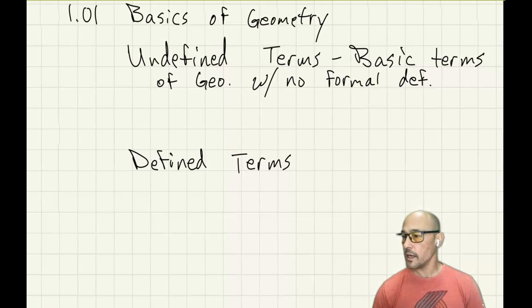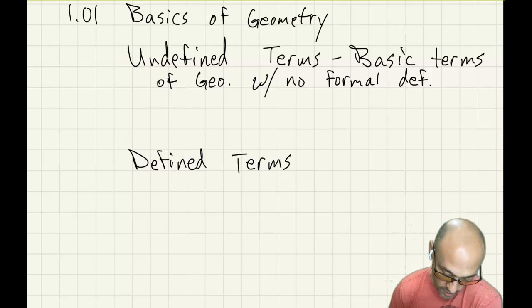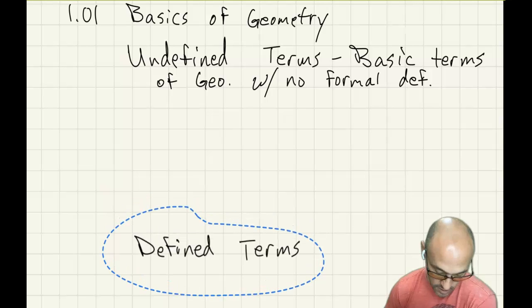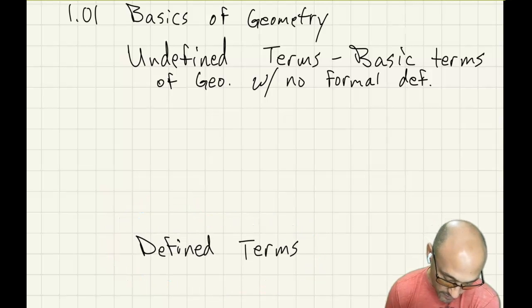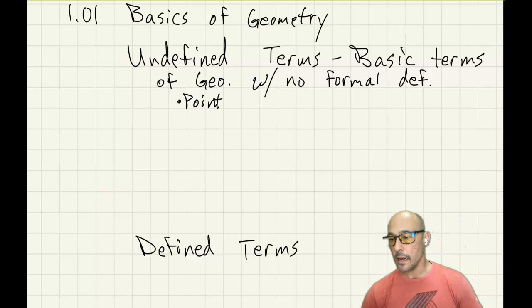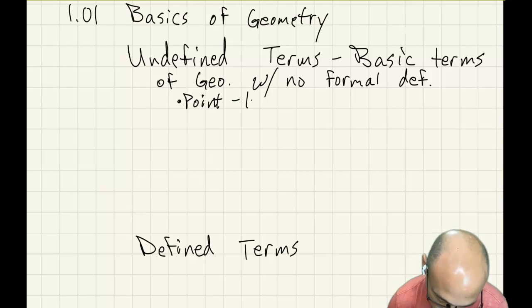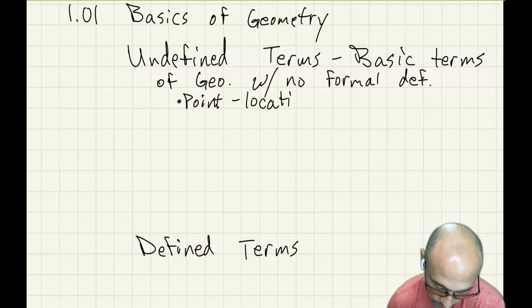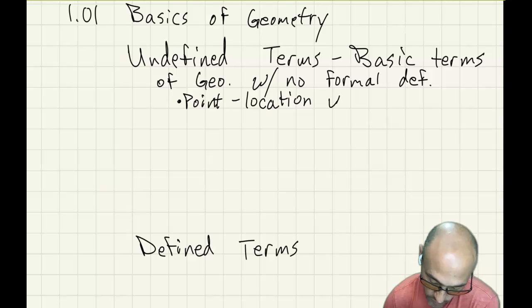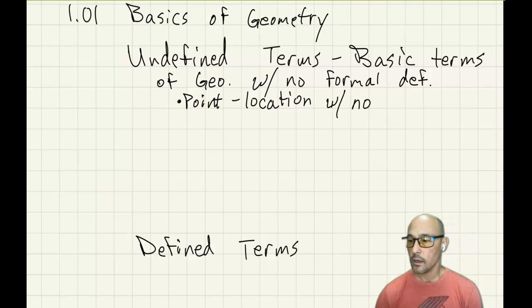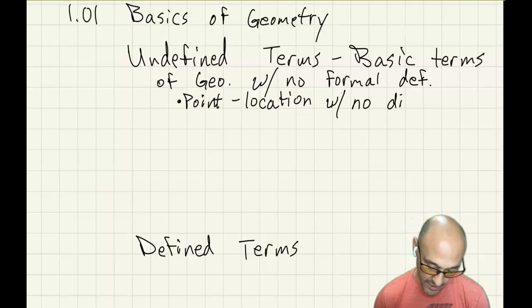So the three undefined terms are, first, point, and a point is a location with no dimension. That means it has no size.